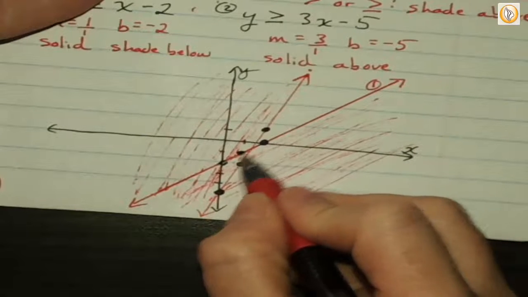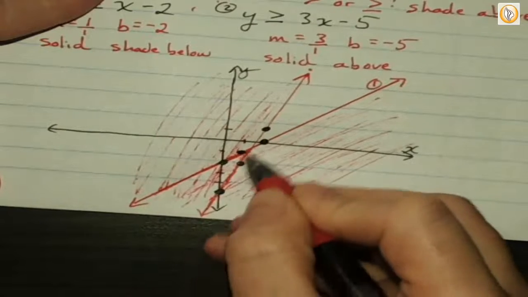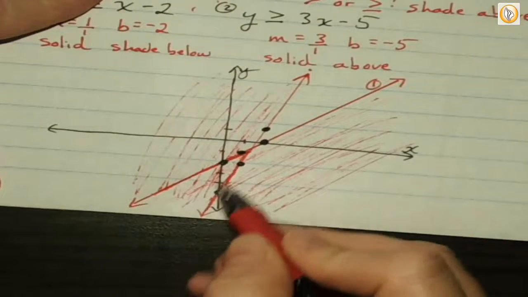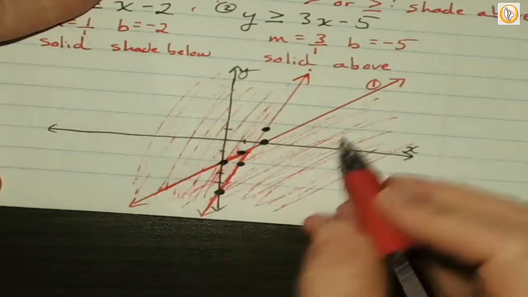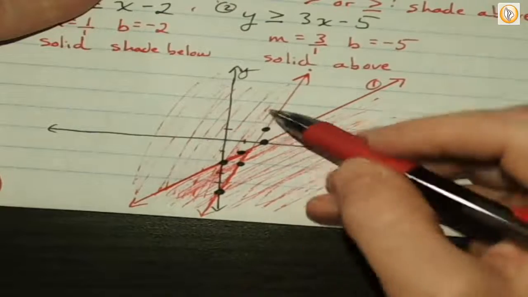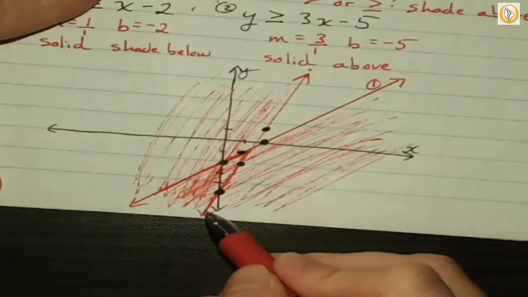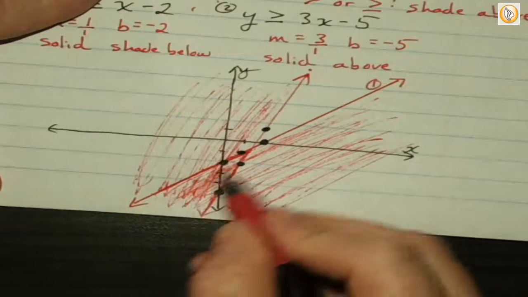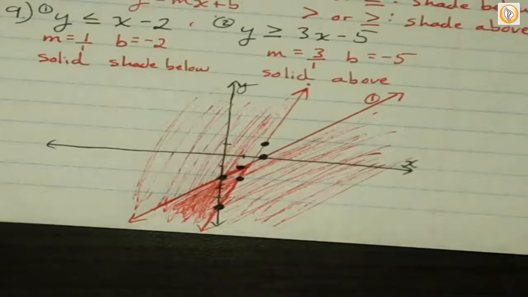Look at this right here. See this area right here? This is where the different colors would be helpful. If you look, see I'm shading this area, and then I shaded this area. This area right here is where they both are shaded. This is your answer.